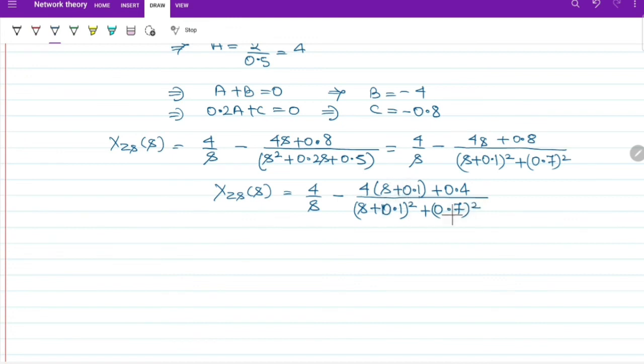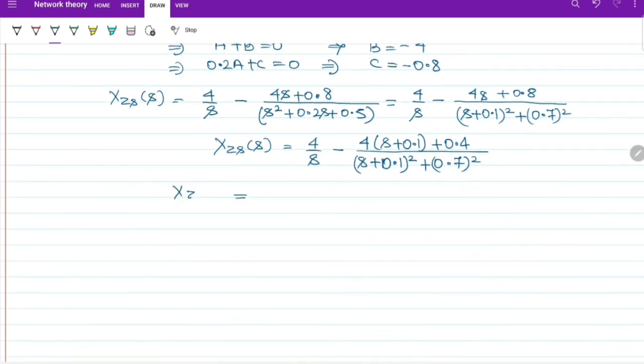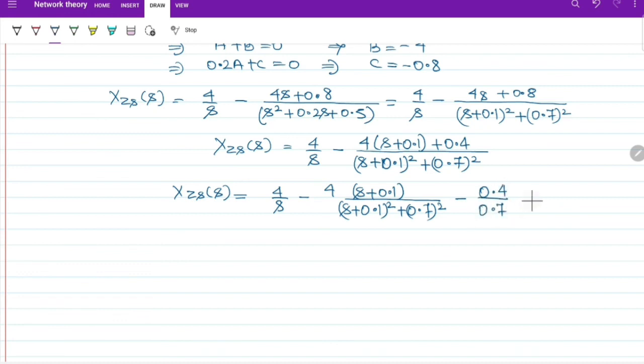Why did we do this? Because s divided by s square plus omega square is nothing but cos omega t. So this can be further expanded as 4 by s minus 4 into s plus 0.1 divided by s plus 0.1 square plus 0.7 square, minus 0.4 divided by 0.7 into 0.7 divided by s plus 0.1 square plus 0.7 square.